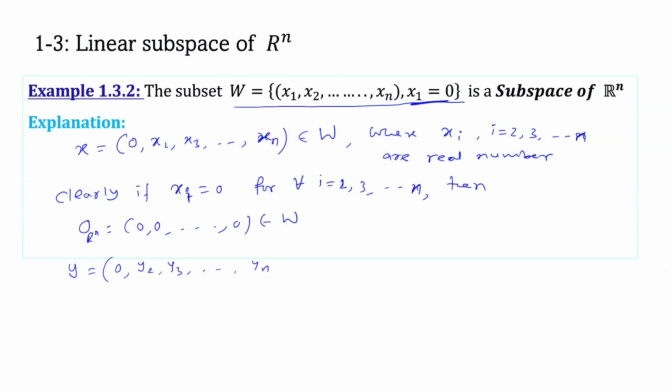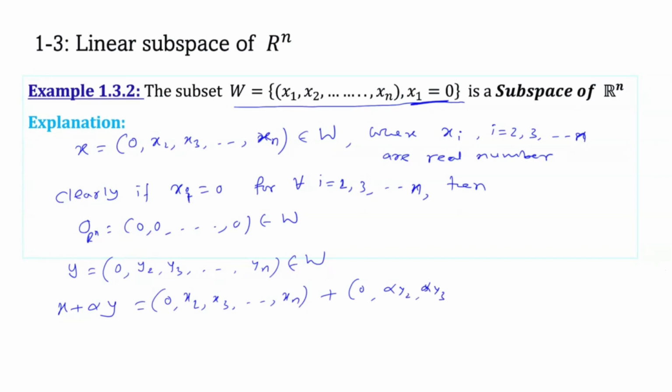Now if you take y = (0, y2, y3, ..., yn), which belongs to W, then x plus alpha y for any scalar alpha gives the first entry 0 plus alpha times 0, which is 0.